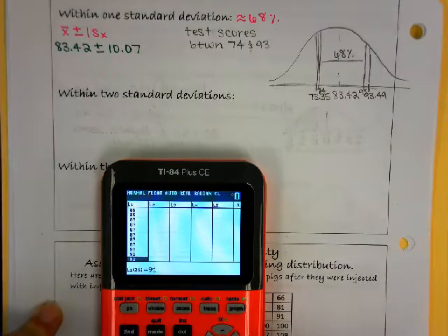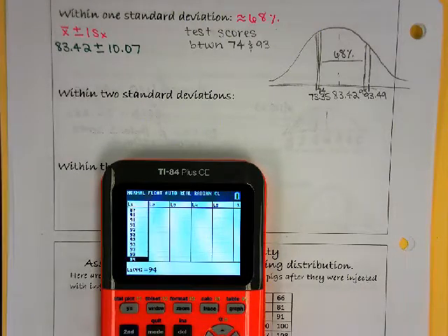So I got 38 when I did it before. You got 38, so I'm thinking it's 38. I don't know what happened with the 39. Sorry. So there's 38 test scores between 74 and 93.